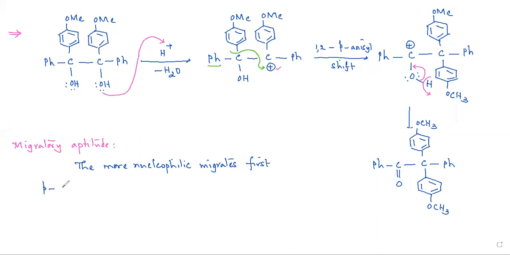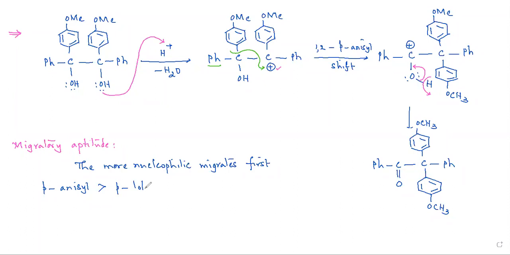Now, if suppose we take some nucleophiles into consideration, para-anisyl with the plus M of the oxygen is more nucleophilic.